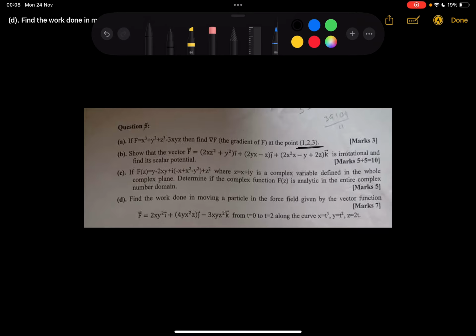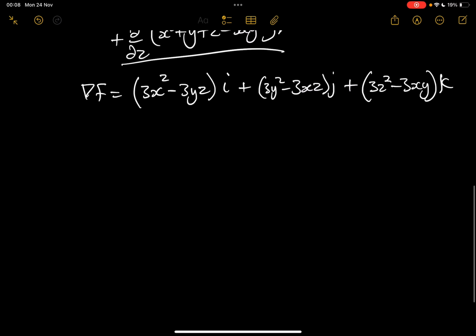They're saying at the point 1, 2, 3, which means you're evaluating the gradient at a point. So we're evaluating this gradient at the point 1, 2, 3. Where there's x, y, and z, we're just going to substitute those coordinates, and we're going to find the vector.